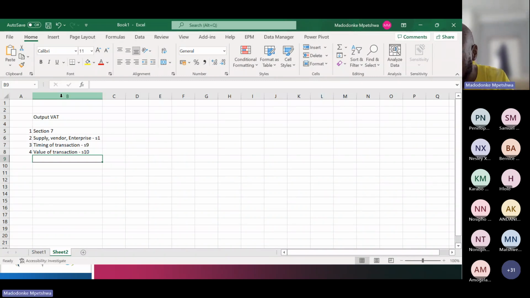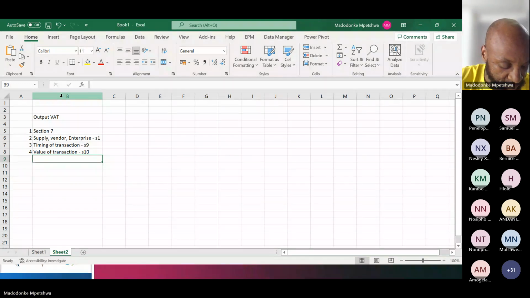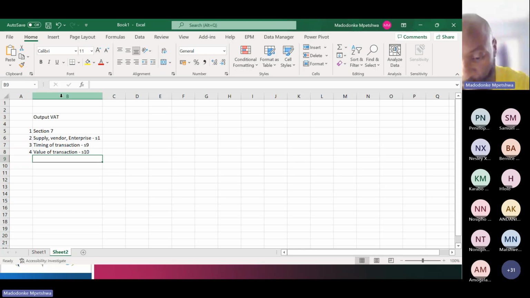Then the other one I'm just looking for, which usually... sorry, there's one section that I'm looking for that I want to talk to.